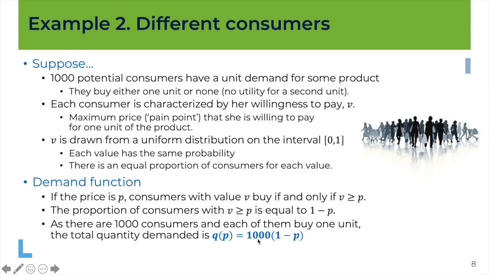And of course it's also a downward sloping demand function. So that's just an example to show that you can also build a linear demand function from the aggregation of the unit demands of a number of consumers who vary in their willingness to pay.